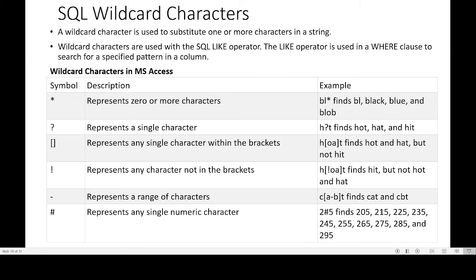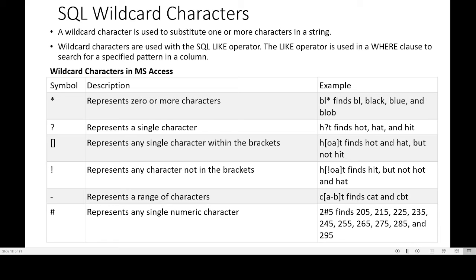Then there are certain wildcard characters. Basically, wildcard characters are used to substitute one or more characters in a string, and they are used along with the SQL LIKE operator. We know that the LIKE operator is used in a WHERE clause to search for a particular pattern in a column.